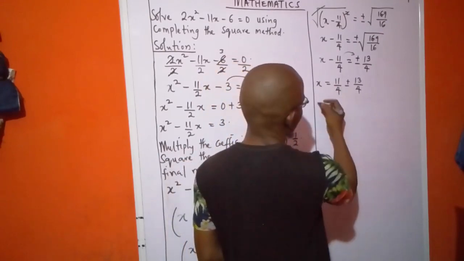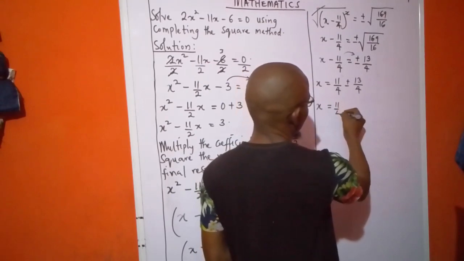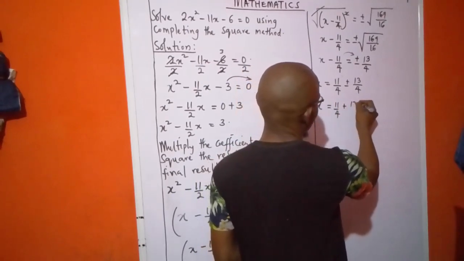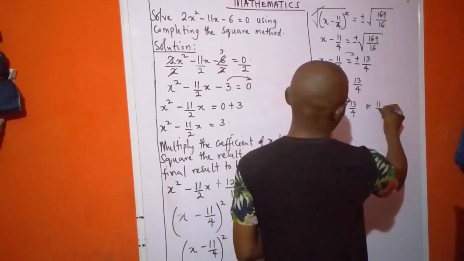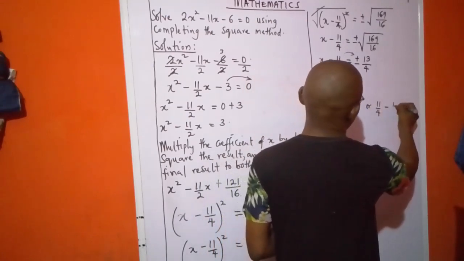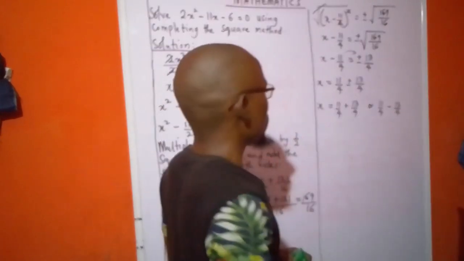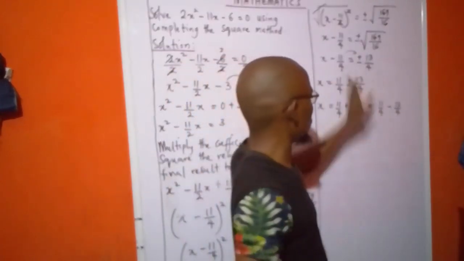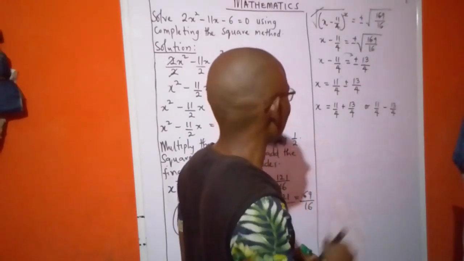So here we will now break it into two, which will now be x equal to 11 over 4 plus 13 over 4, or 11 over 4 minus 13 over 4. Okay, so this is what has been broken out of it.